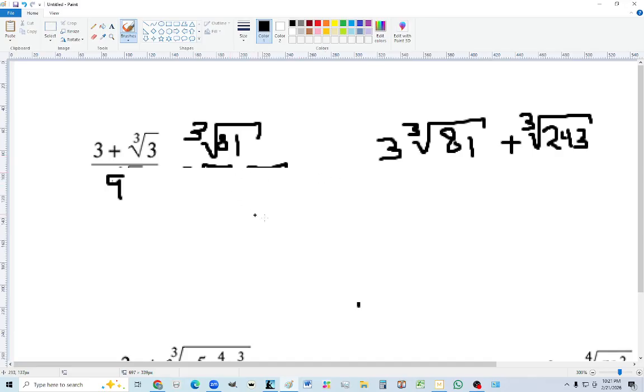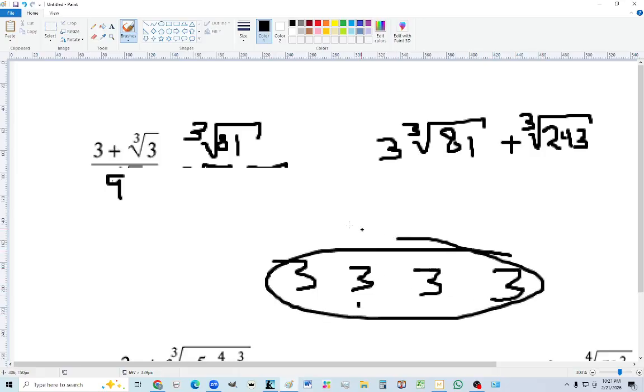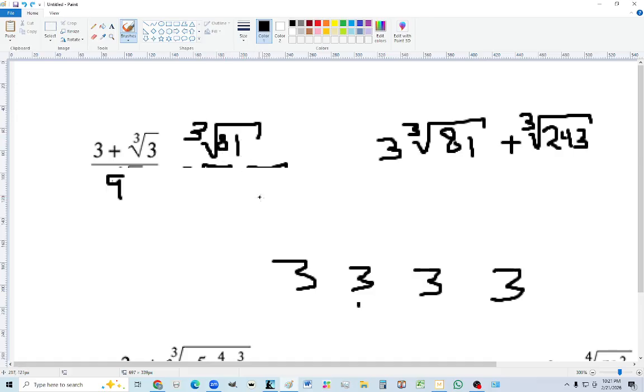We should quickly realize that 3 times 3 is 9, times 3 is 27, and times 3 is 81. So 81 here can be represented as 3 to the power of 4.